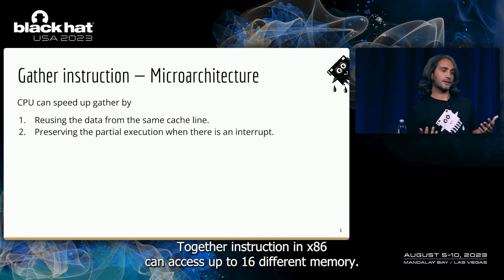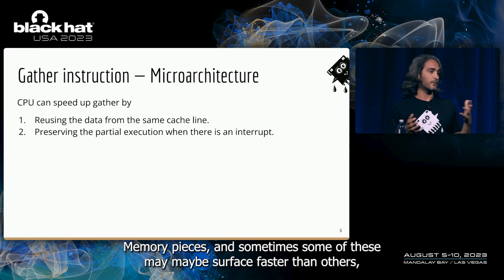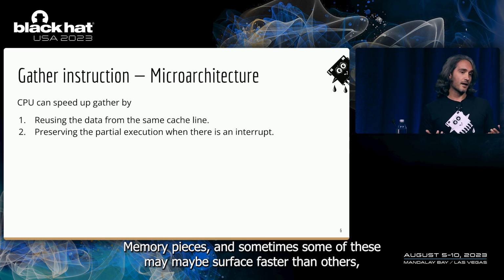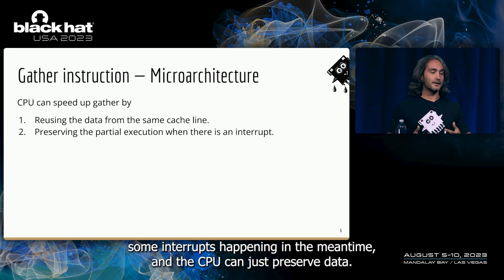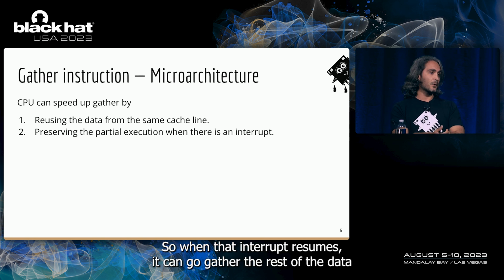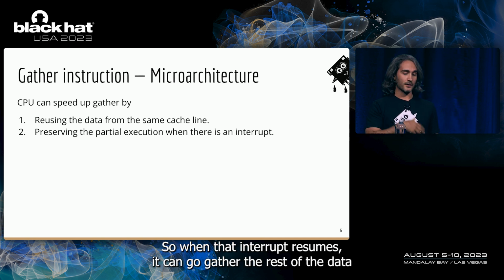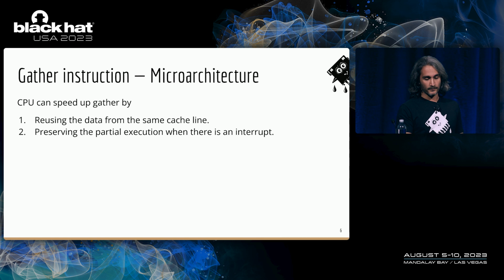The gather instruction in x86 can access up to 16 different memory pieces. Sometimes some of these may be serviced faster than others. You may have some interrupts happening in the meantime, and the CPU can just preserve the data, so when that interrupt resumes, it can go gather the rest of the data.